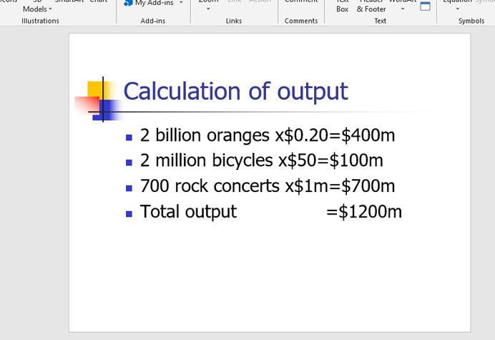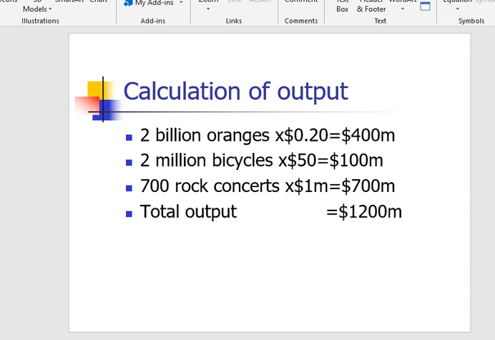One thing that I do have to mention before we move on to an exercise is that we want to bear in mind that output or GDP is denominated in monetary terms.